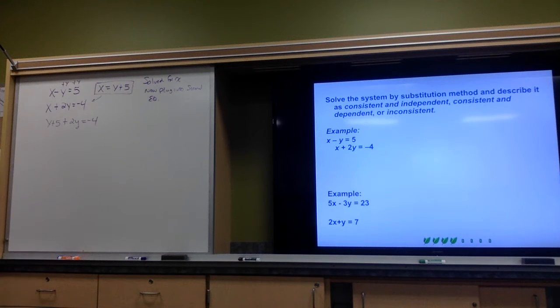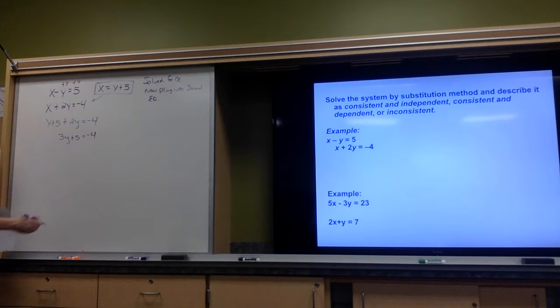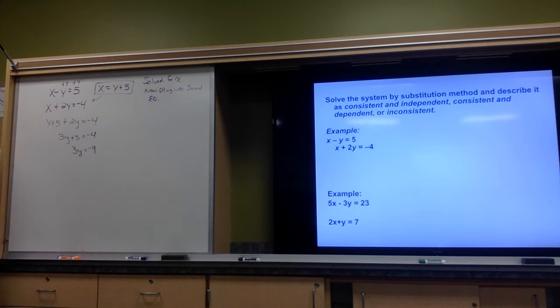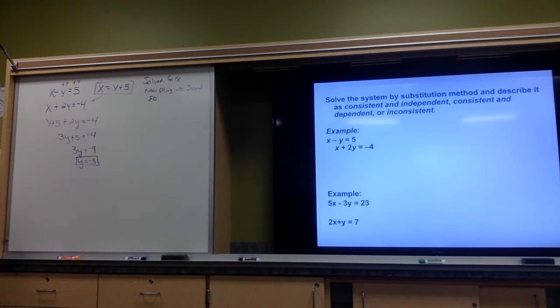I don't know why I'm messing that up right now. End of the day, probably. Combine like terms. So I got 3y plus 5 equals negative 4. So 3y equals negative 9. We're going to take the 5 over and then divide both sides by 3. I get y to be negative 3.